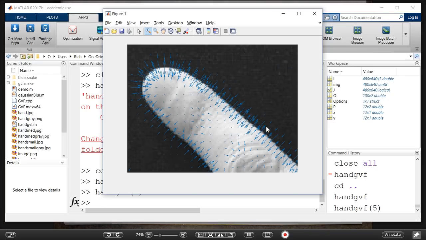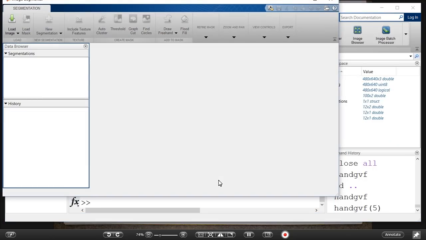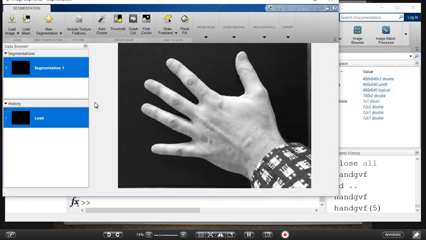So this is built into MATLAB in the image segmenter. So if you go to image segmenter, and I load up this image. So let's, again, draw my initial curve. Whoops.